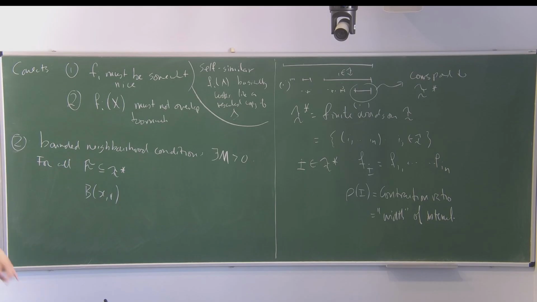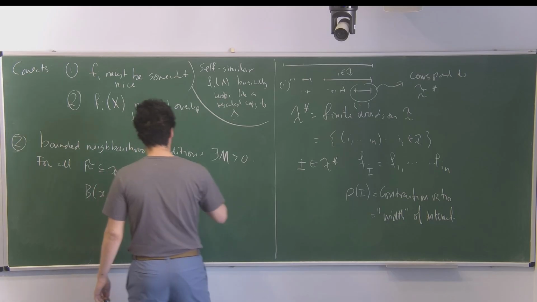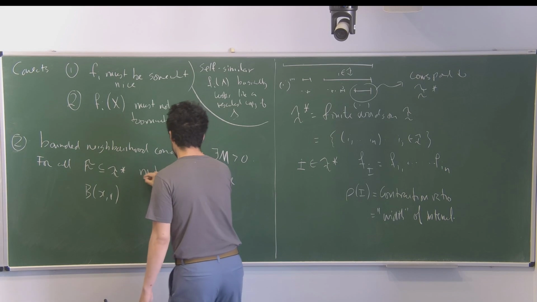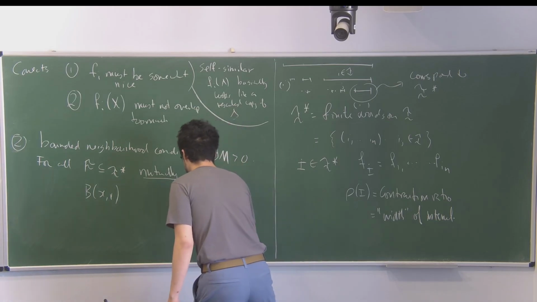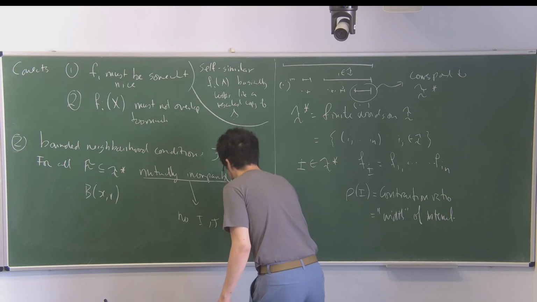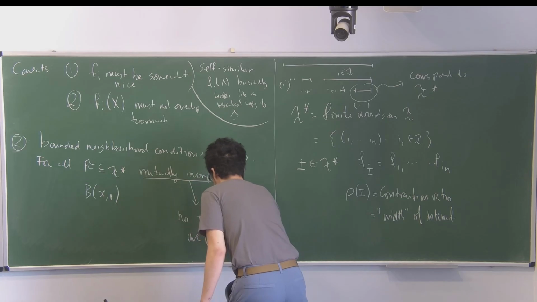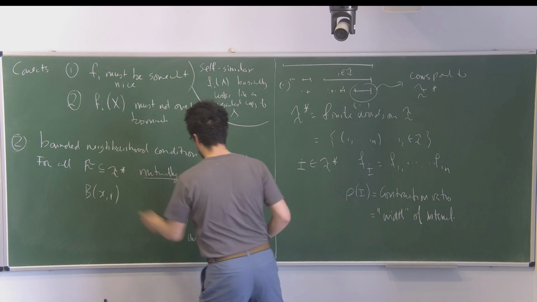So for all F contained in I star which is mutually incomparable, what do I mean by that? By mutually incomparable, I mean that there are no words i and j in F such that i is a prefix of j.